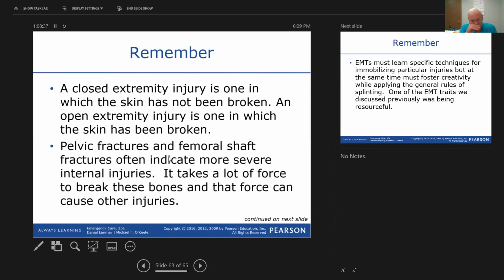Remember that pelvic fractures and femur fractures may indicate more severe injuries. So again, it takes a lot of force to break those bones. So if there was that much force imparted on the body and broke those bones, there's probably soft tissue damage inside. You could have organ damage, you know, could be something like a liver laceration or spleen rupture or something like that. You got to keep a close eye on these people, okay?